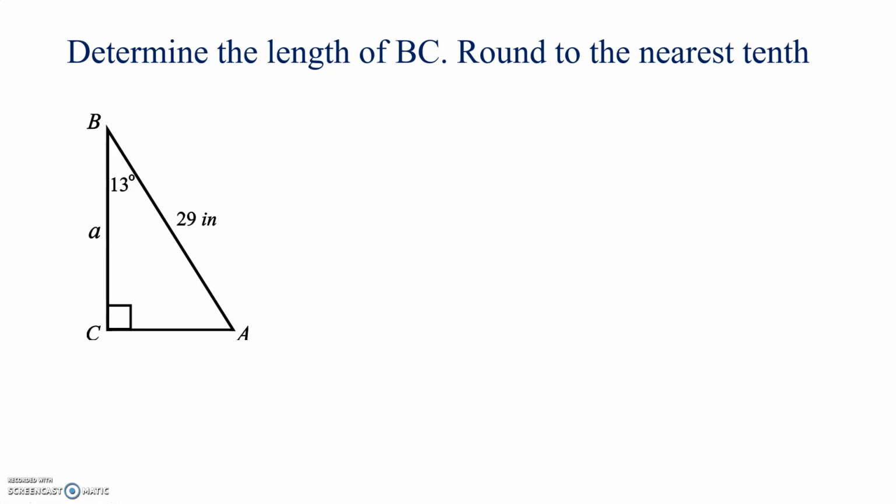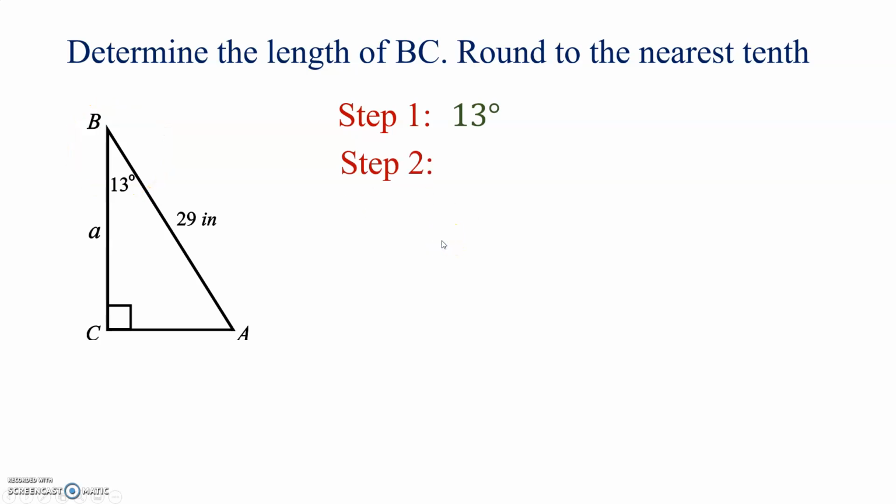Determine the length of BC, round to the nearest tenth. Okay, step 1 says determine the acute angle reference. So here we're working with angle B. And I know that because that's the only acute angle that has any amount reference. So step 1 is 13 degrees. That is the acute angle being referenced.